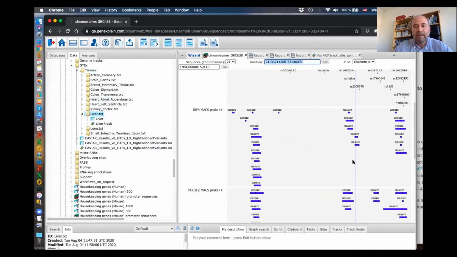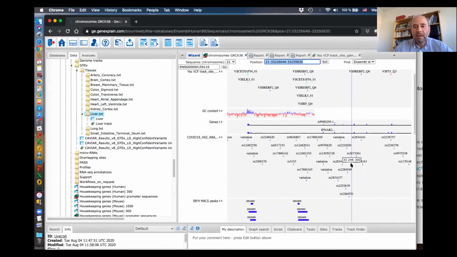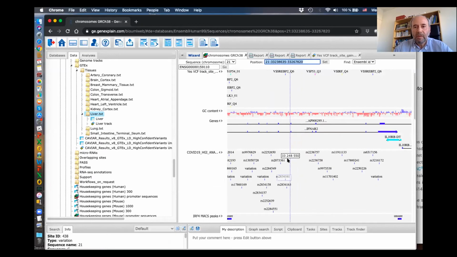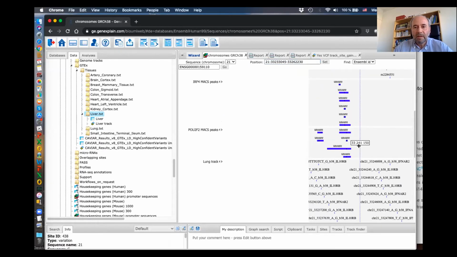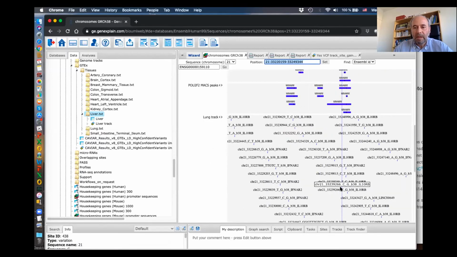So if you now look at this SNP, which we are focusing on, you can see that it is covered by many of these SNPs which are associated with expression of that gene, like this one.